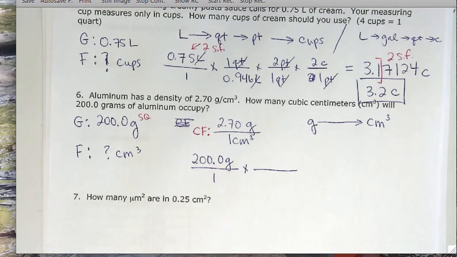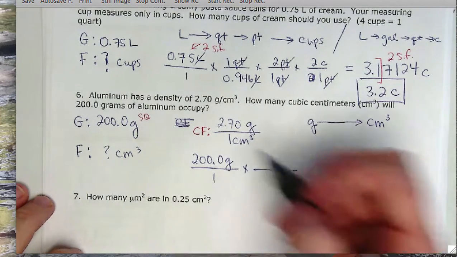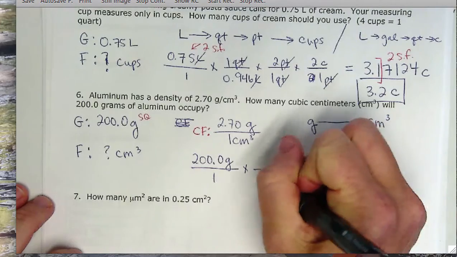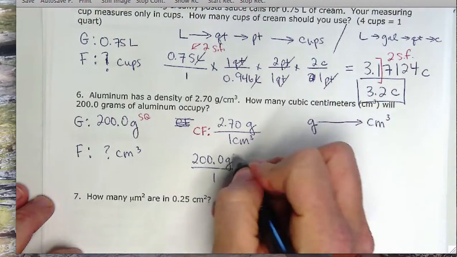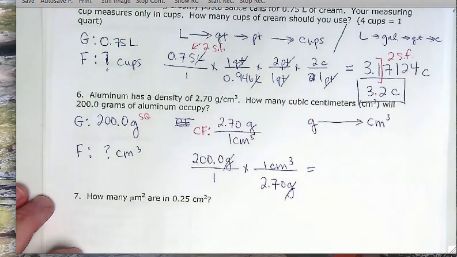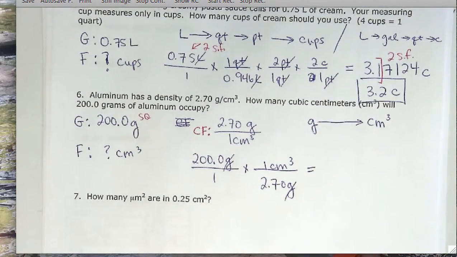Am I going to leave it as is, or do I need to flip it? You need to flip it because you need to cancel the grams. Yes, very good. So 2.70 grams, 1 cubic centimeter. Your grams cancel out. So 200 divided by 2.7.